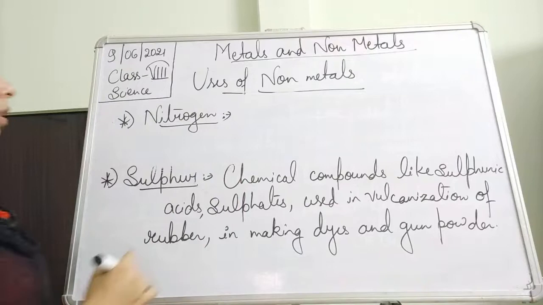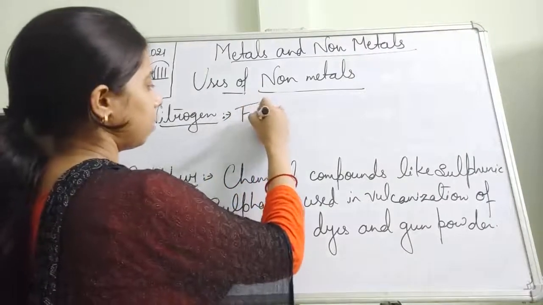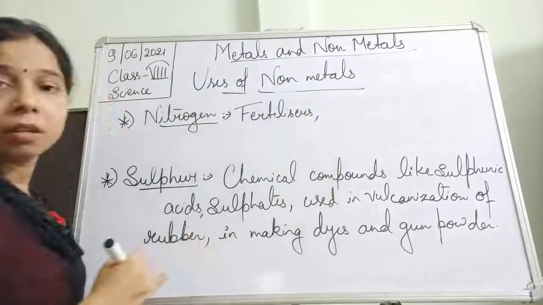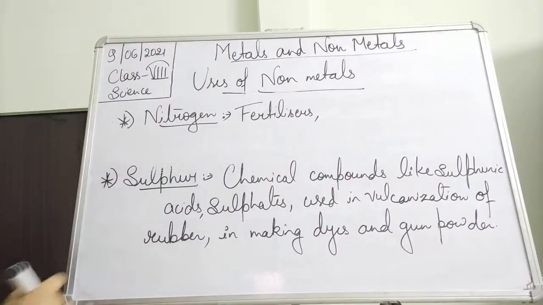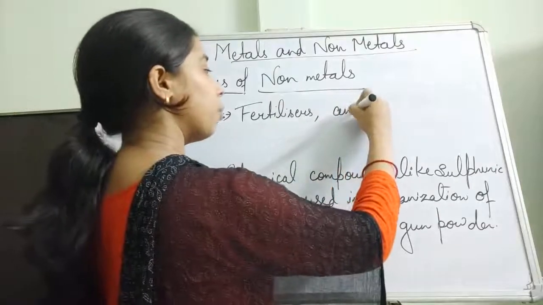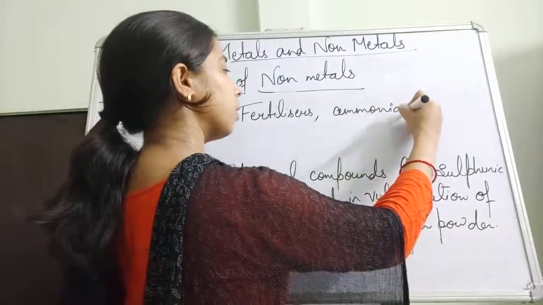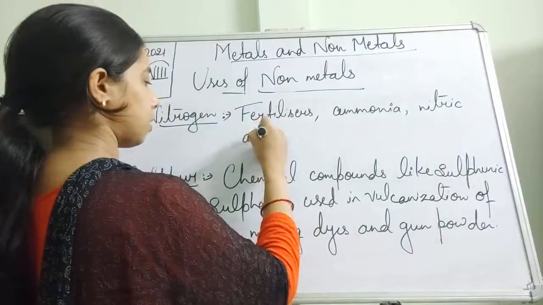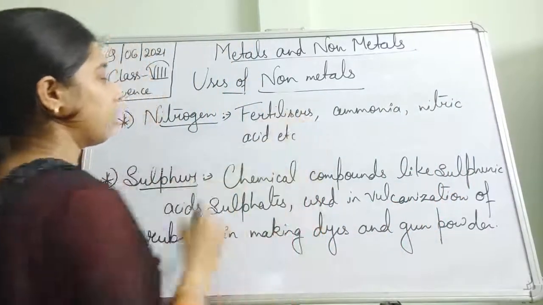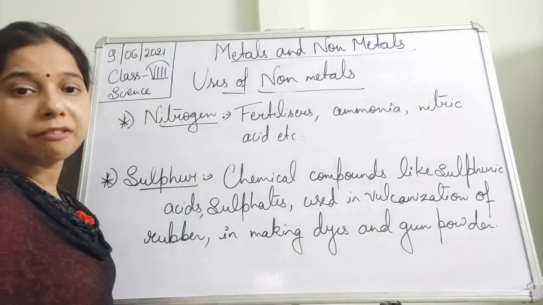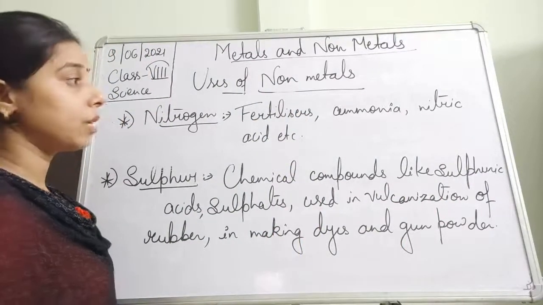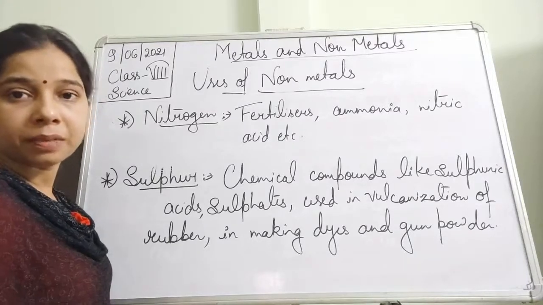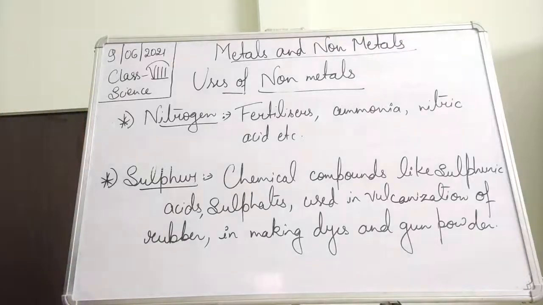So we can write it, used in making fertilizers, then also used in making ammonia, then nitric acid, etc. So nitrogen is used in making fertilizer. It is also used in making ammonia as well as the nitric acid. These are the uses of nitrogen.